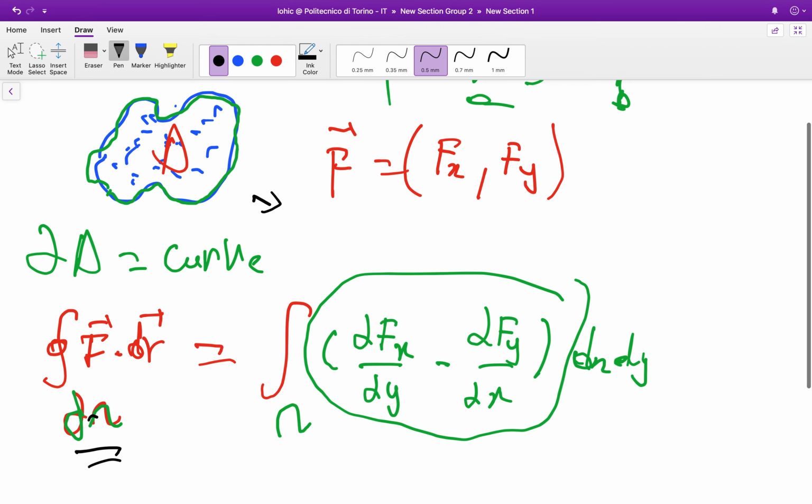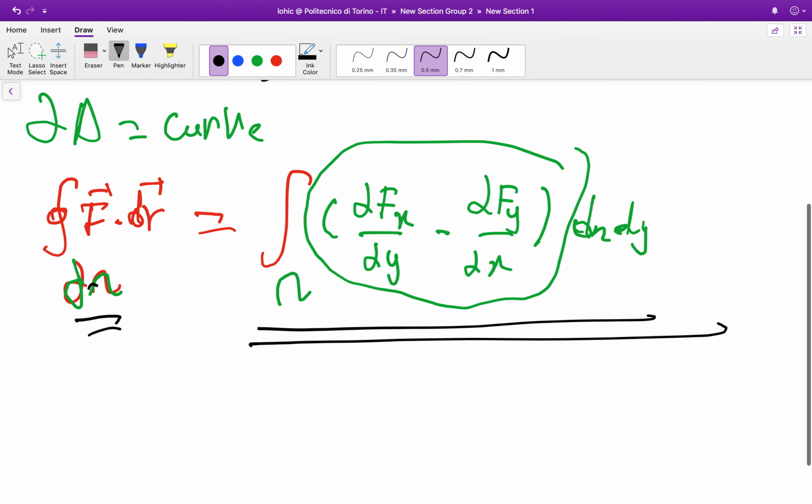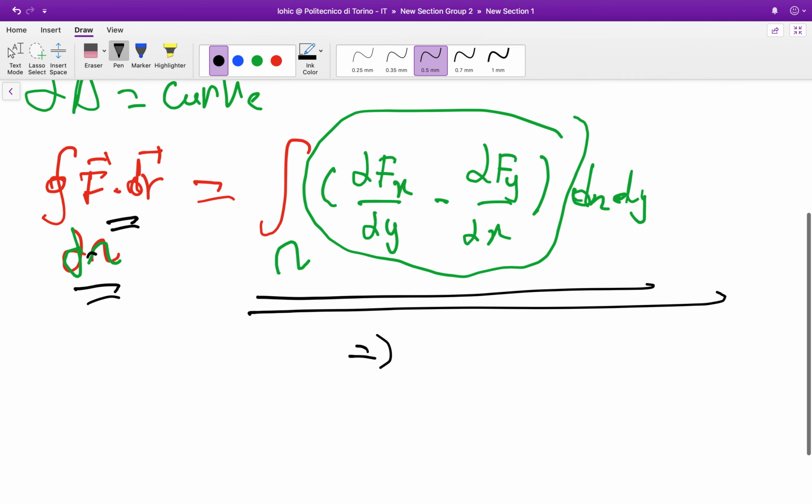When you compute the integral in this way, you are moving in such a way that the domain is at your left.